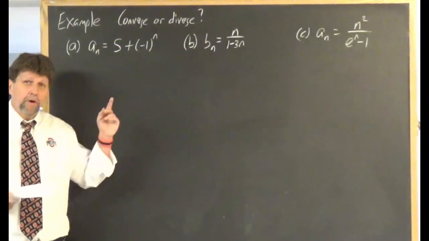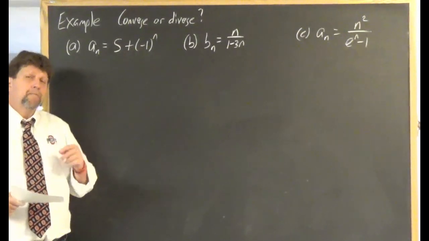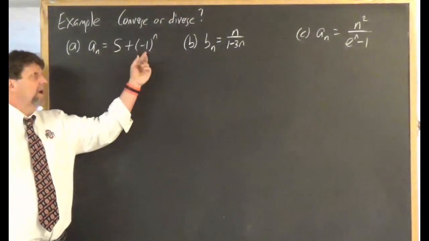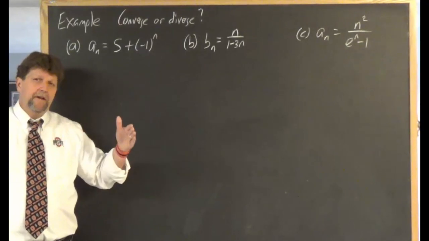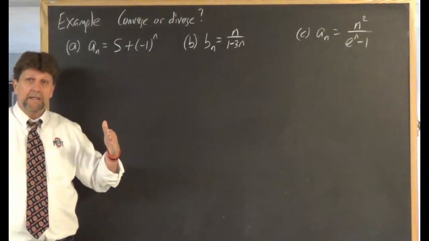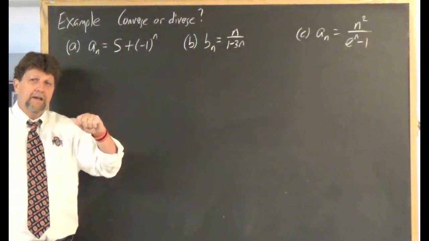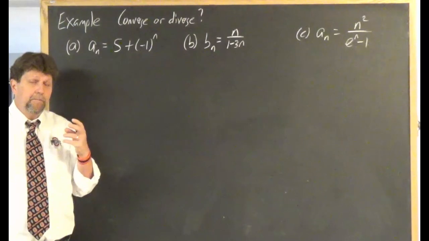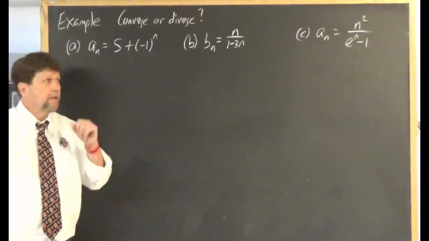It's really important for the first sequence here, A, to list some of the terms. And here's a little tip: when I see this -1 to the n, I know for the different values of n, -1 to the n is either +1 or -1. So that tells me something may be happening here, and I want to list some of the terms.